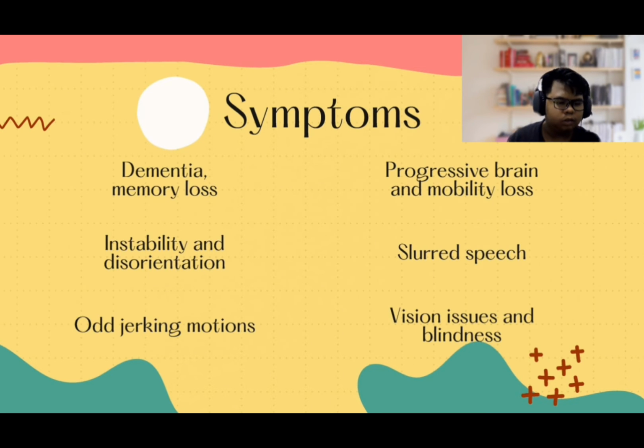Next, jerking motions. Next, progressive loss of brain function and mobility, slurred speech, and the last is vision issues and blindness. Based on all of these symptoms, we can see how fatal this disease can be.